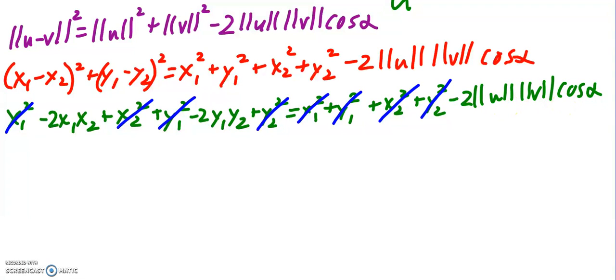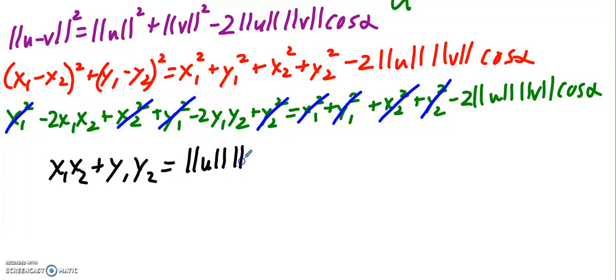Divide everything by negative 2, and what do I end up with? x1x2 plus y1y2 equals the magnitude of u times the magnitude of v times the cosine of alpha.